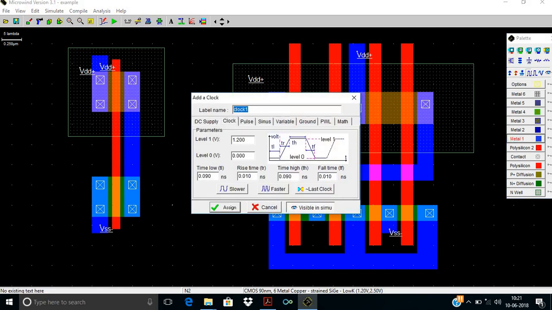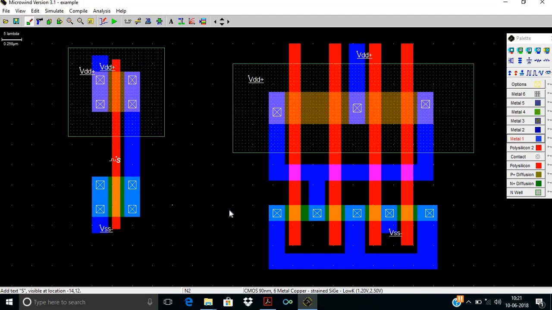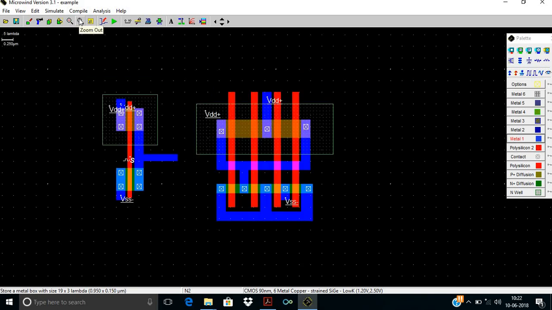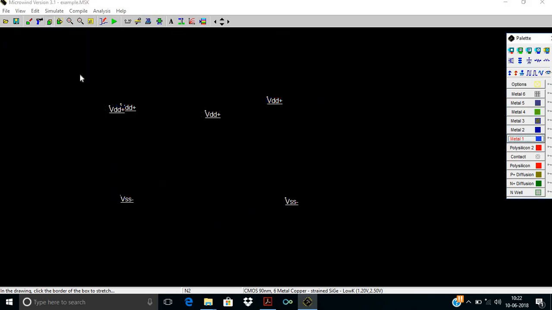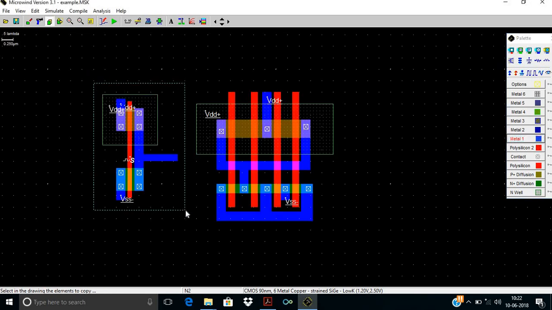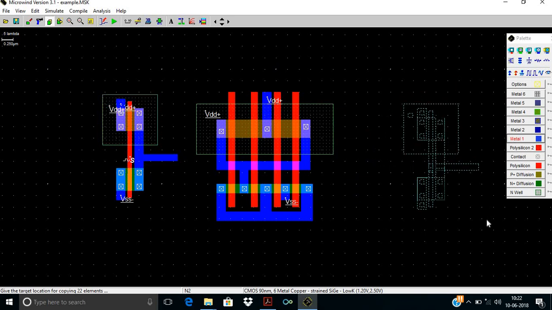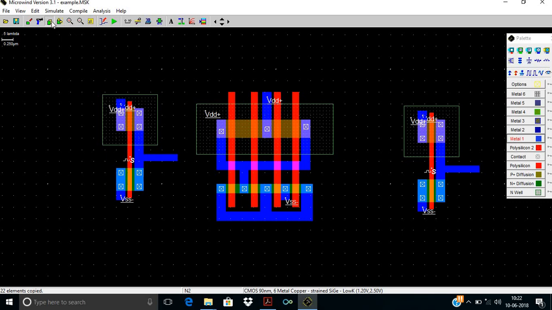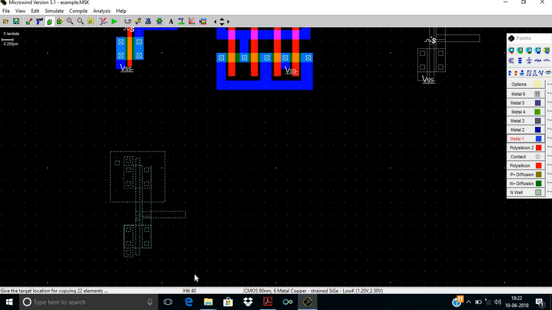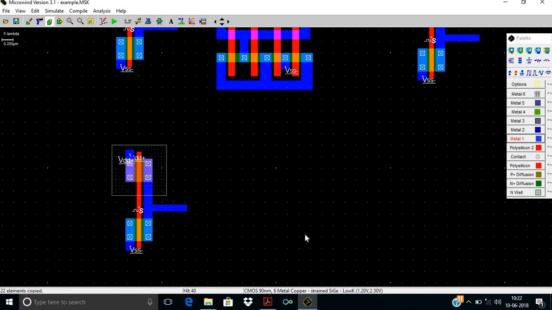This is the S. And output. Now I will copy this three times so that I can generate the three inverters.